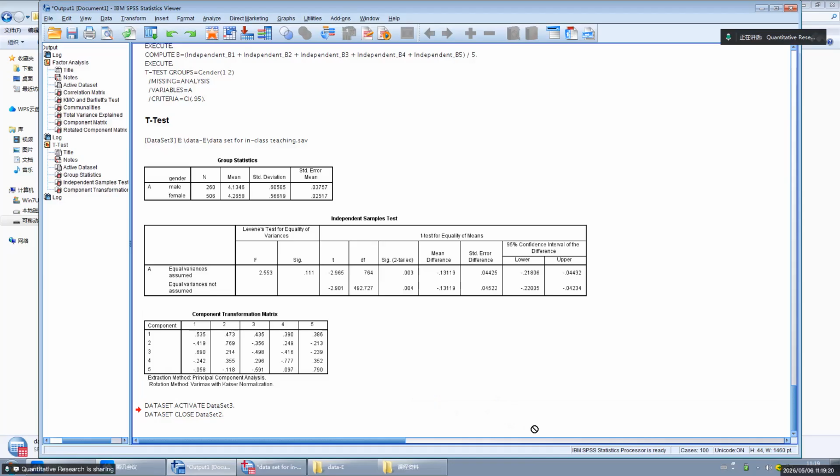My question is, is our data analysis completed? No. What else? It's the ANOVA test, because the independent variable and the variable is true. We have to do the ANOVA test.